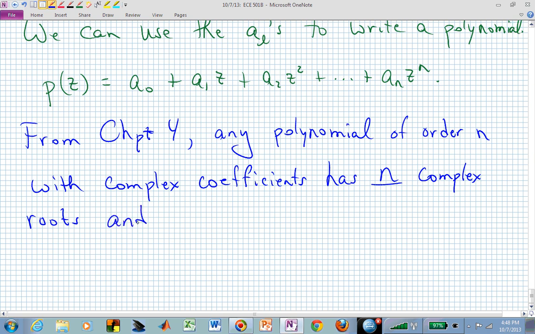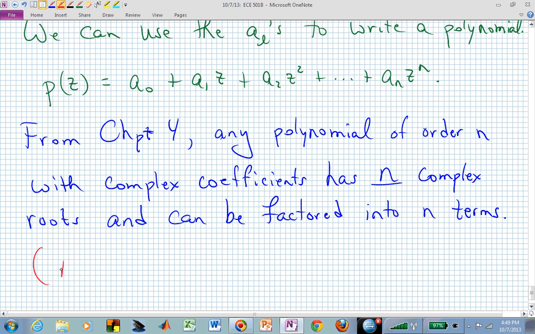And once we have those identified, we can factor that into these linear factors with the complex roots. So now we have n complex roots and it can be factored into these n linear terms. Now this is definitely not true for real coefficients or for the real field.